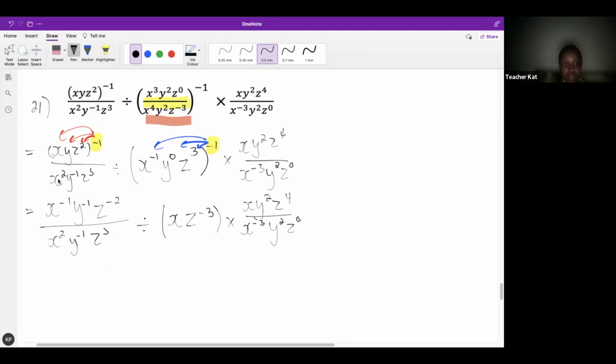I'm going to start with this one. We're dividing. What am I doing with my exponents? Minus.